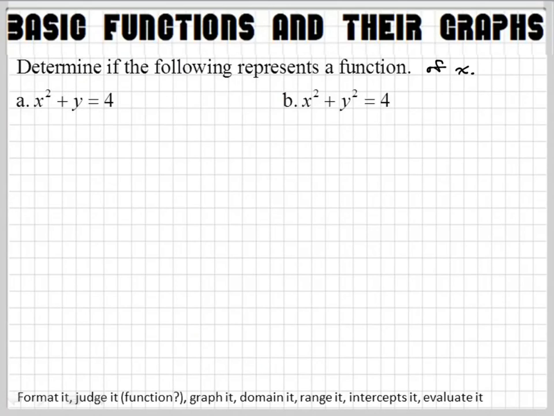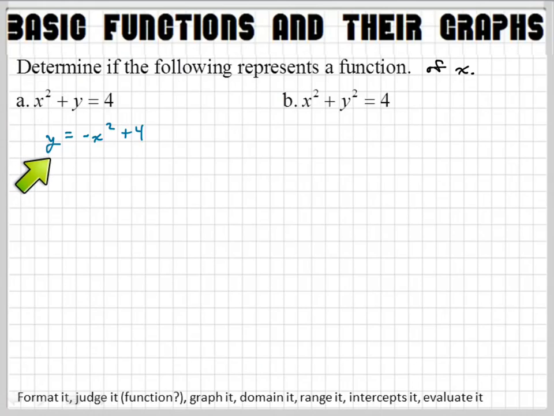So, if we wanted to see if this is a function of x, we got to get the y alone. So we get the y alone by subtracting x squared from both sides. So we have this. And then we ask ourselves, is that a function? If you plug in any x number, will you get exactly one output, one y?